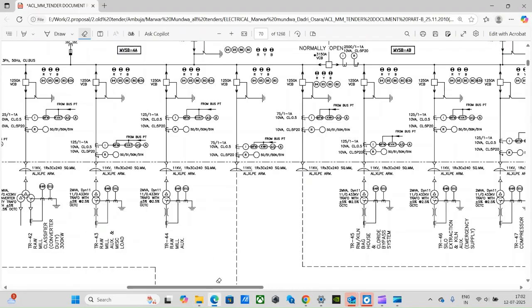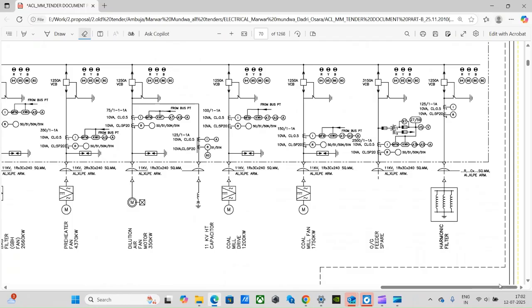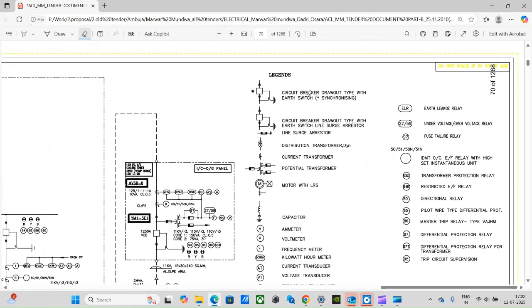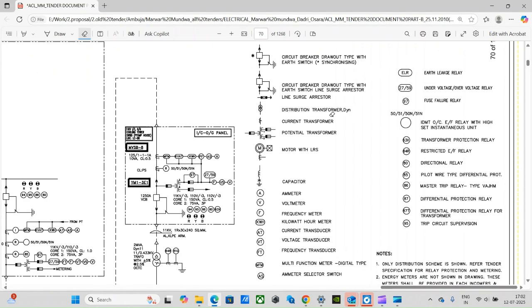One more thing: even if you don't understand any symbol, you can find it here. Generally, the legend is on the right side corner of the drawing, and you can see all the symbols and their meanings given. These are VCBs, circuit breakers. These are potential transformers.